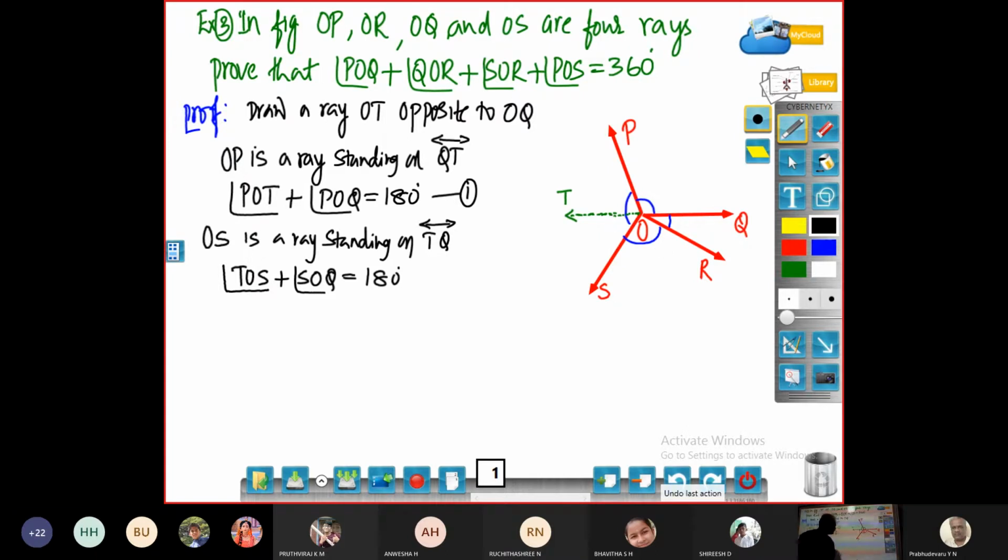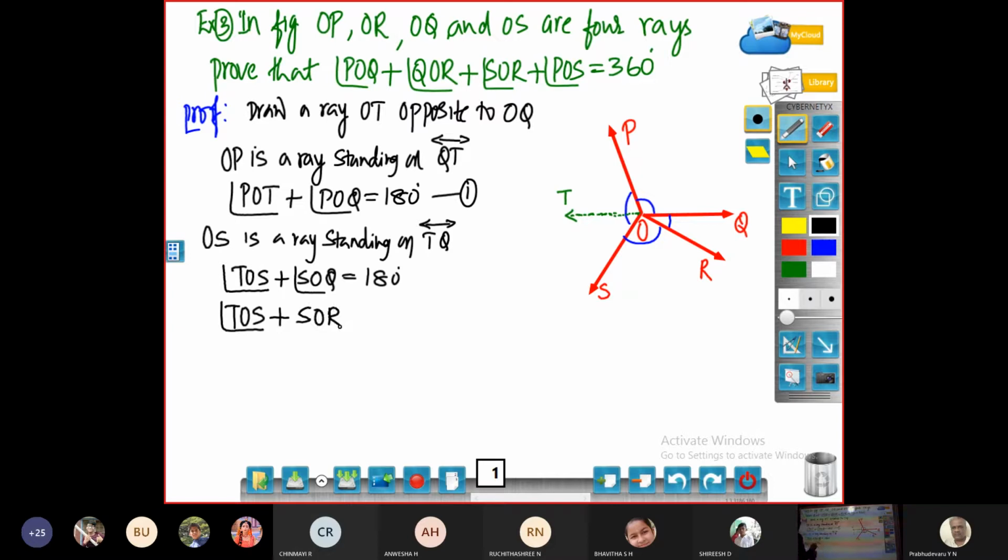Now in the second equation, look at this angle TOS, let us write it as it is, plus in place of SOQ, look at the diagram and tell me what we can write. QOR and ROS. SOR plus ROQ, both are same.